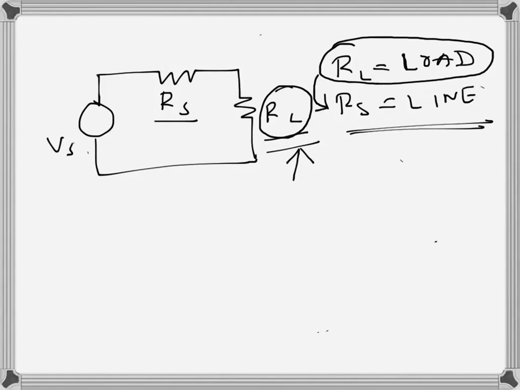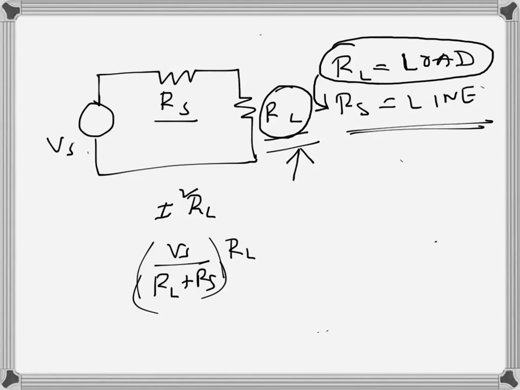So let's say what is the current here, because power to the load is I squared RL, and I is Vs over RL plus Rs. So that's the current, and it's squared here.